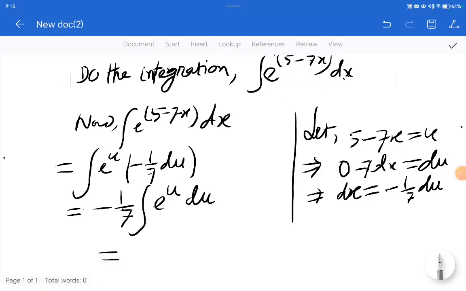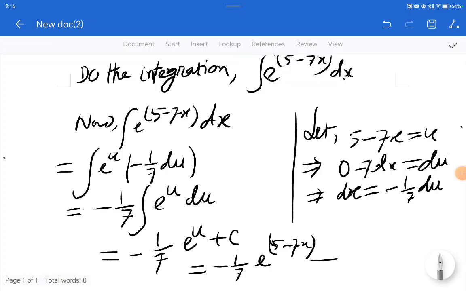So according to the rule, now we can write e to the power u plus c equals minus 1 divided by 7 e to the power 5 minus 7x plus c. This is the answer.